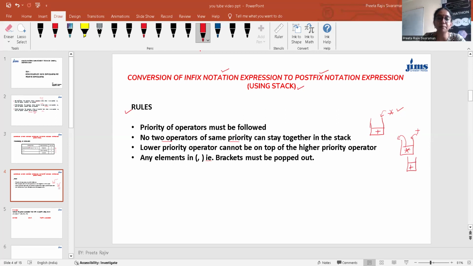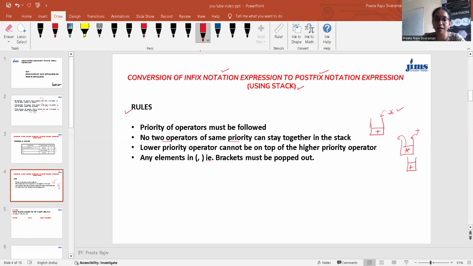Last, for elements in brackets, if we have the opening bracket and the closing bracket, whatever elements are there must be popped out from the stack.